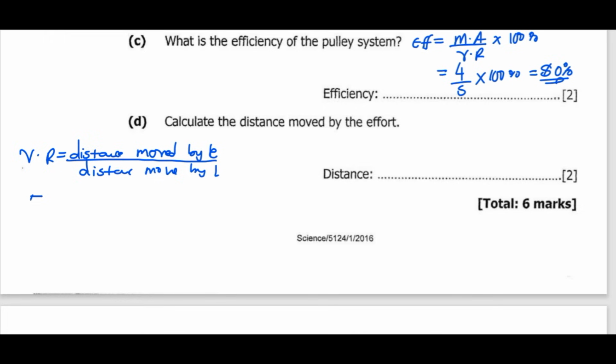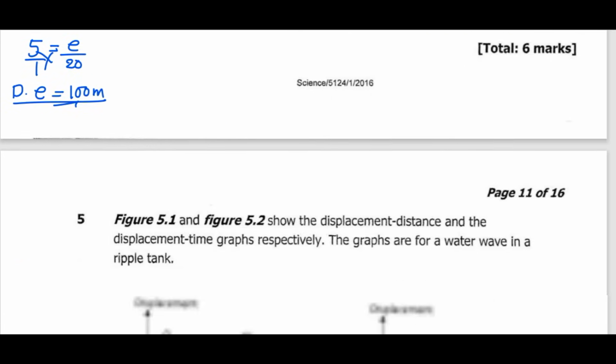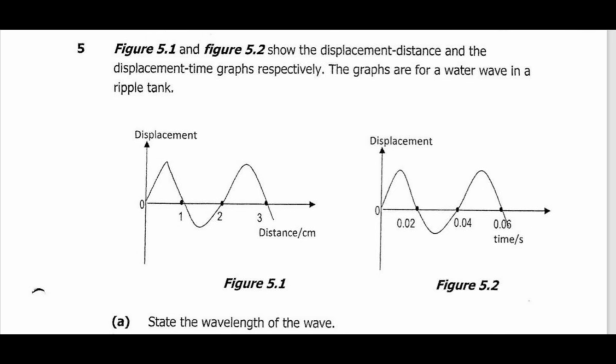So velocity ratio is 5. Distance moved by effort is what we are solving for, over distance moved by the load, 20 over 1. We cross multiply. So distance moved by effort is 100 meters. Okay, this is just enough. Then we move on to question 5.